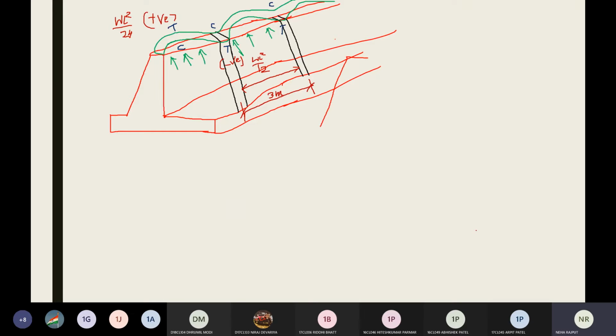So how to draw that? Here your stem is facing some surcharge pressure also and backfill pressure also. So I am just extending this level over here so that I can draw the pressure diagram.